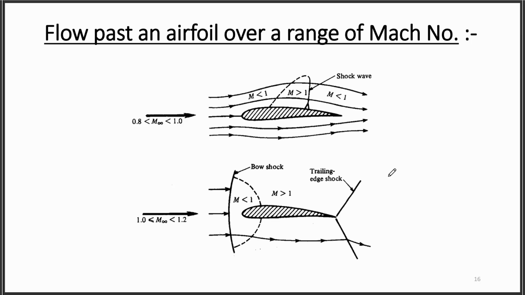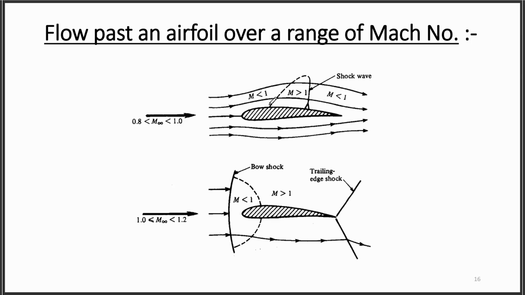Now let's see the flow past an aerofoil over a range of Mach numbers, mainly for the transonic region, Mach number 0.8 to 1.1. Let's say Mach number is between 0.8 and 1.